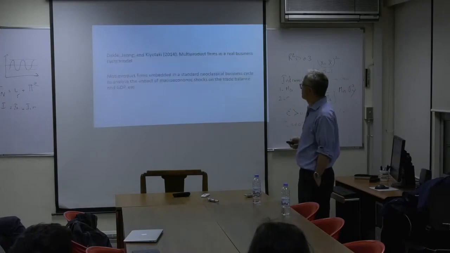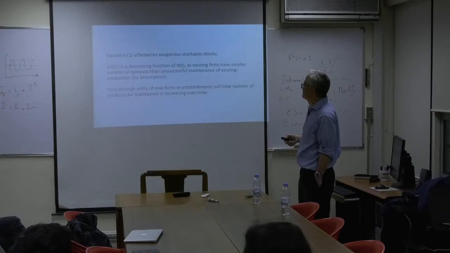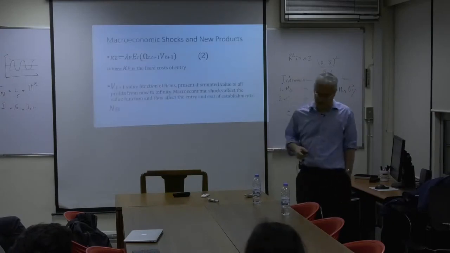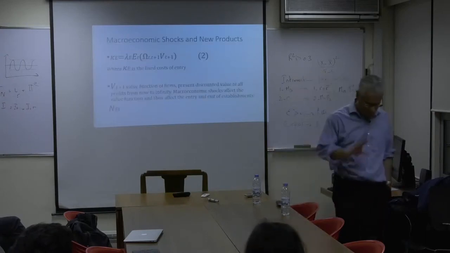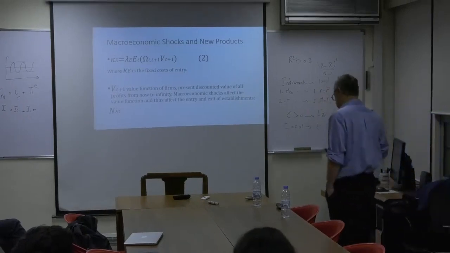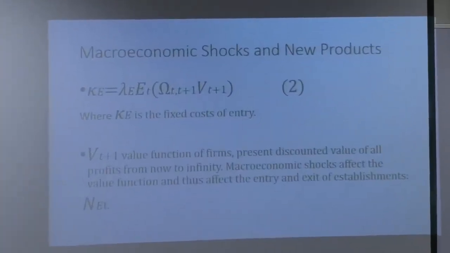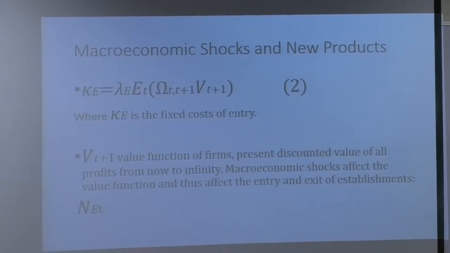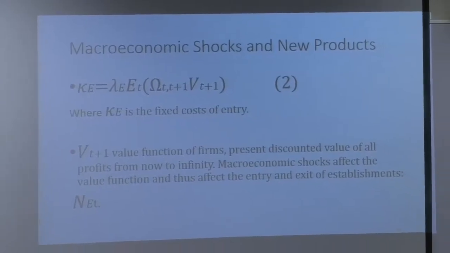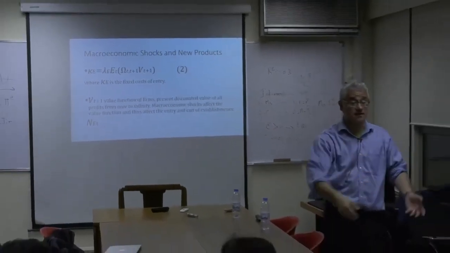I'm going to skip over the theory because I don't think people will be that interested in it. But the model works kind of like this: in each period a company will have new products that they can develop.